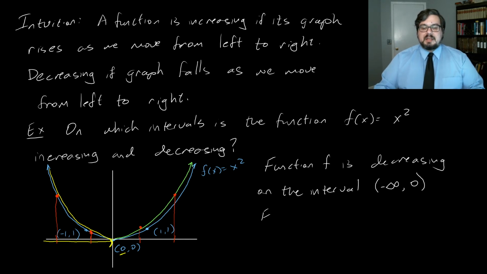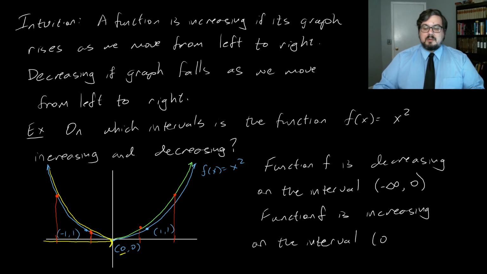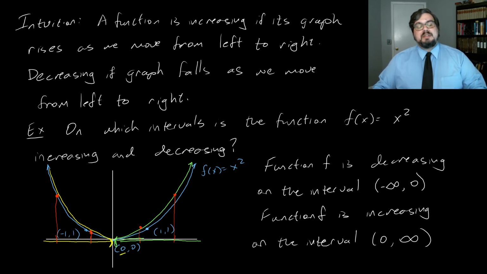And so we say that the function f is increasing on the interval from 0 to infinity, because it's increasing everywhere to the right of 0 on the x-axis. So a couple things to always keep in mind when we're doing this. We're only ever talking about the x values when we give our intervals where the function is increasing or decreasing, and we always read from left to right.